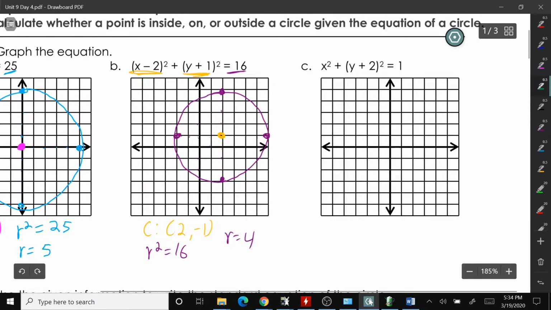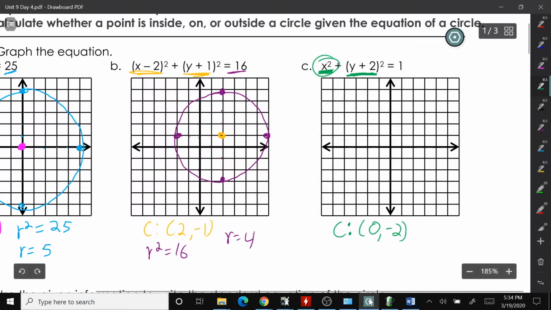Then example C, okay, there's no pluses or minuses or parentheses with the x, so this x coordinate of the center will be 0, negative 2, because we see plus 2 in our parentheses. So there's our center. Now r squared is equal to 1.